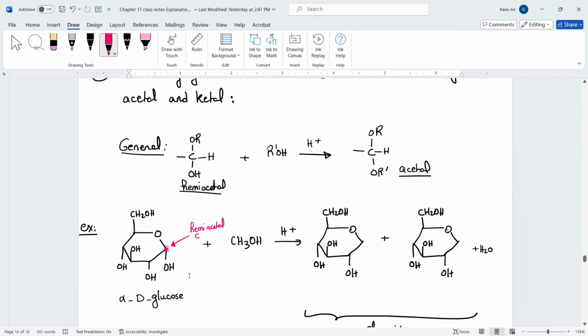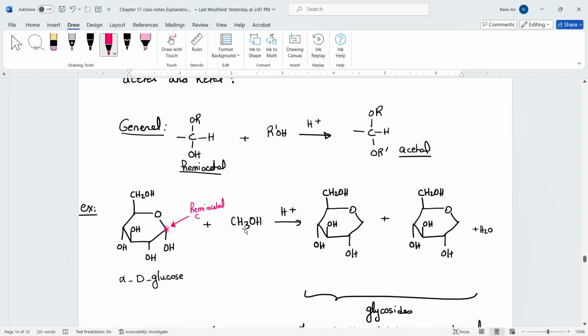For hemiacetals, they are going to react with another mole of the alcohol, and that OH is going to turn into an OCH3. Since the OCH3 you are going to add is on the anomeric carbon, you have two options. Either the OCH3 is going to be on the alpha, or the OCH3 is going to be on the beta.